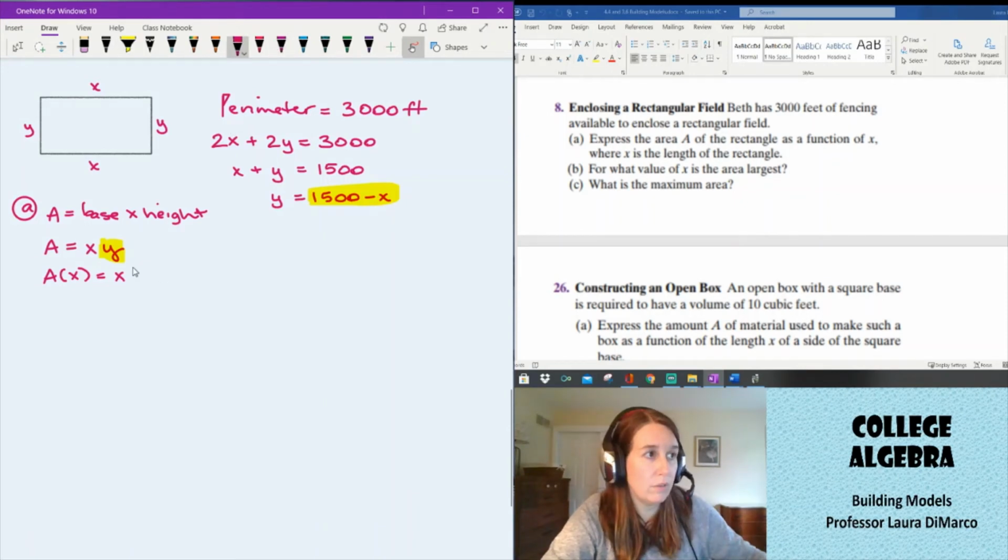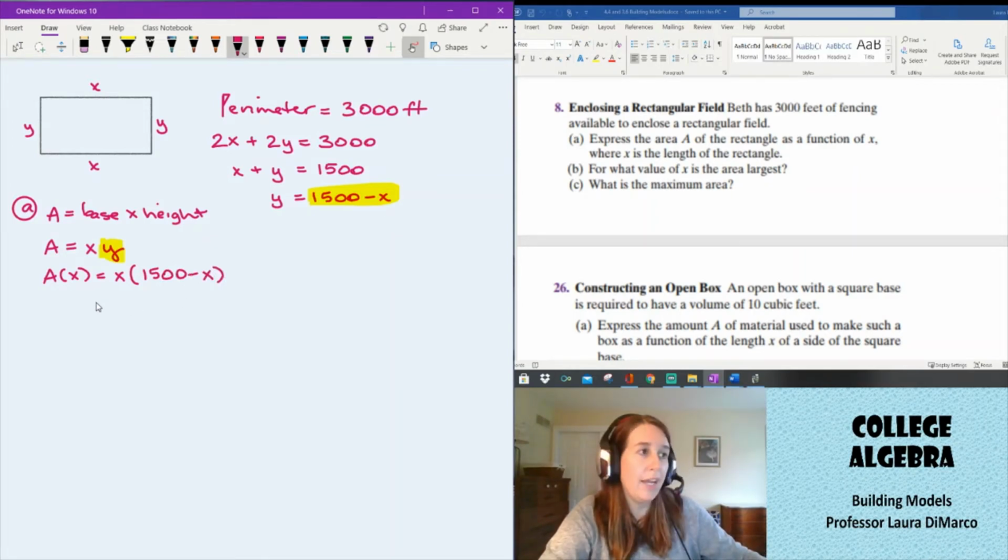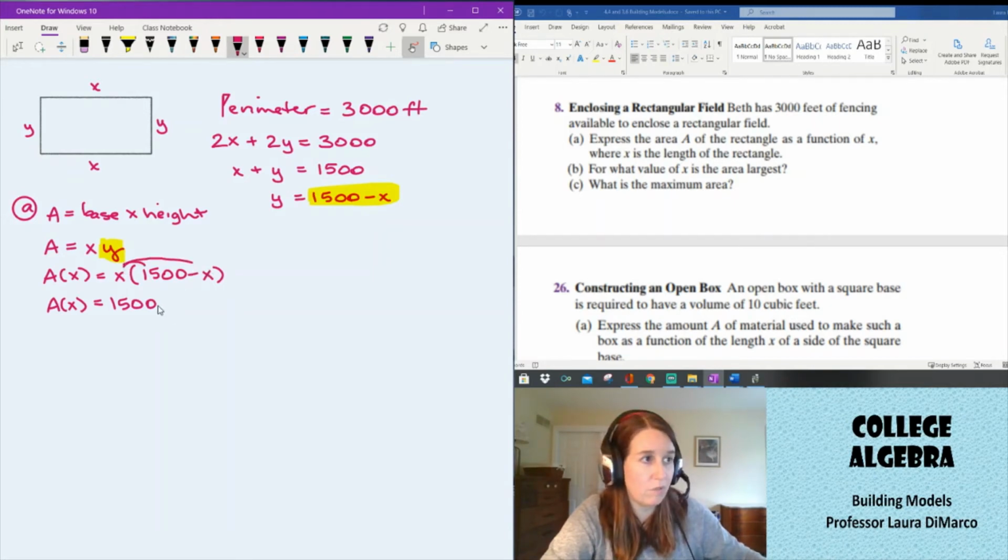We'll put 1,500 minus x in for y. And then we're going to simplify this a little bit. You don't really have to, but if we're going to work with it later, we may want it to look nicer. So I'm going to multiply the x into both terms. That's 1,500x minus x squared. And that is our answer to part A.